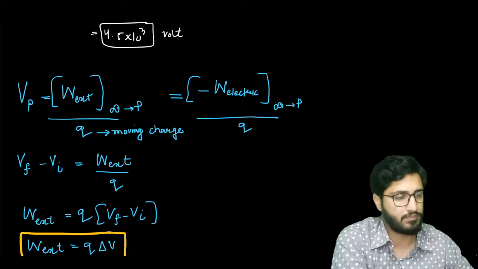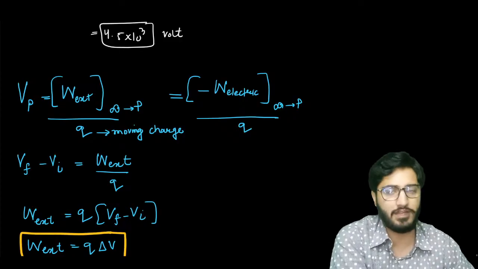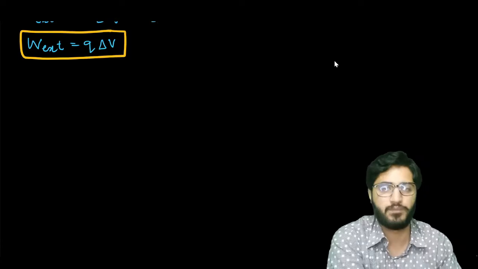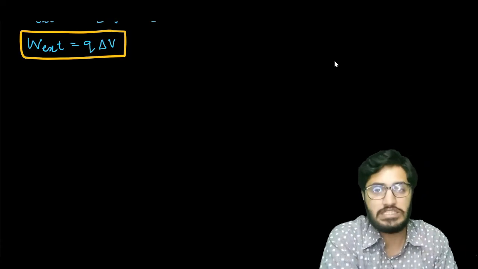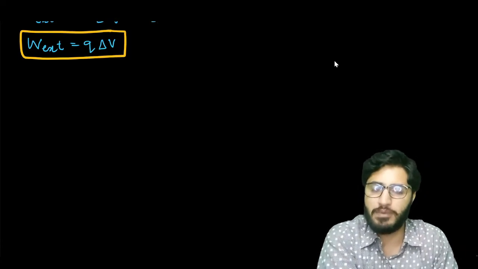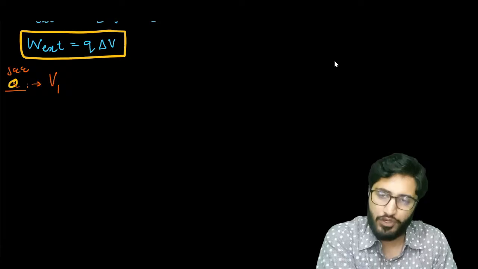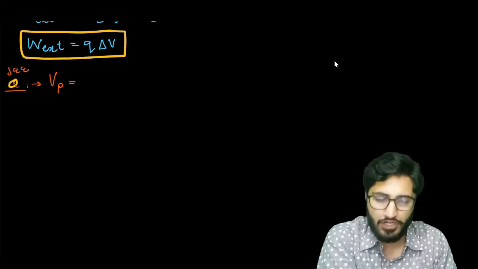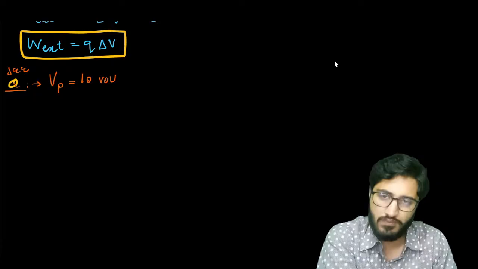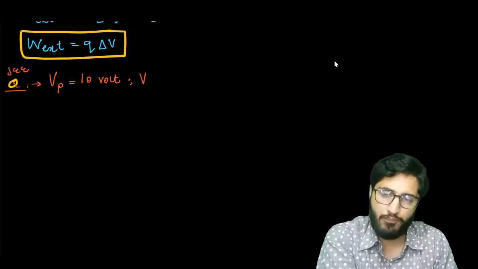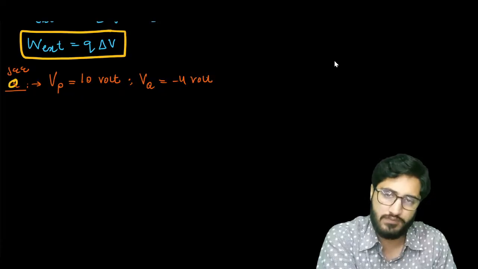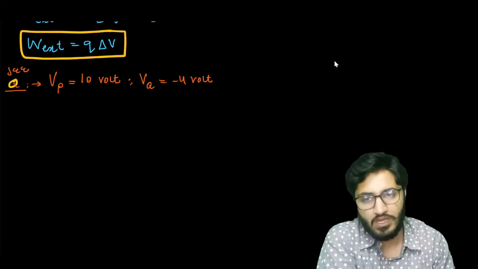On this basic idea, now we will do a numerical. Look carefully, a very good and easy numerical. We have a point P where electric potential is given as 10 volt. We have a point Q where potential is given as minus 4 volt. These things are given to us.